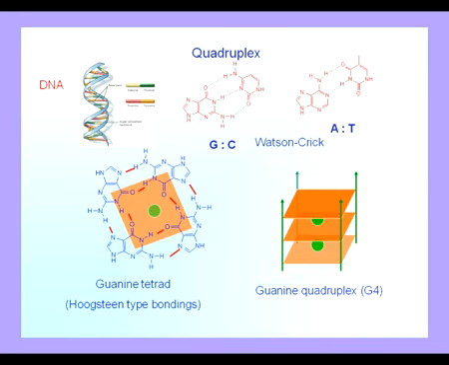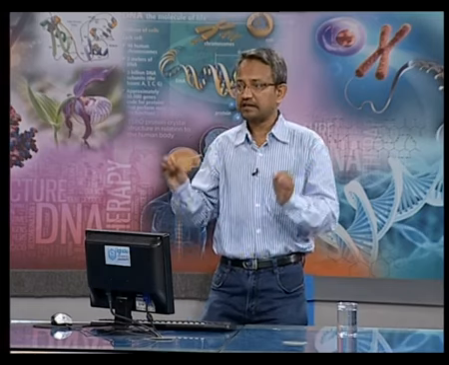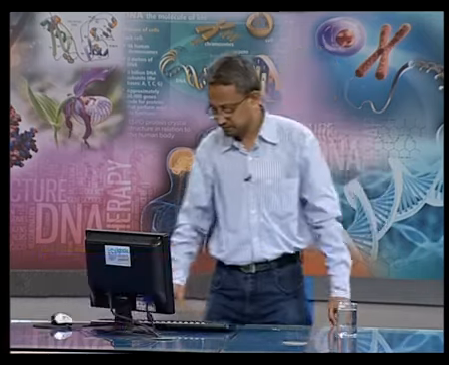So, what is my primary requirement? I have to have guanines consecutively for a few stretches, at least 4 stretches in the DNA, so that they can come closer and give you a 4-stranded DNA structure, which is known as a quadruplex. Again, it is not a usual structure, it is an unusual structure.